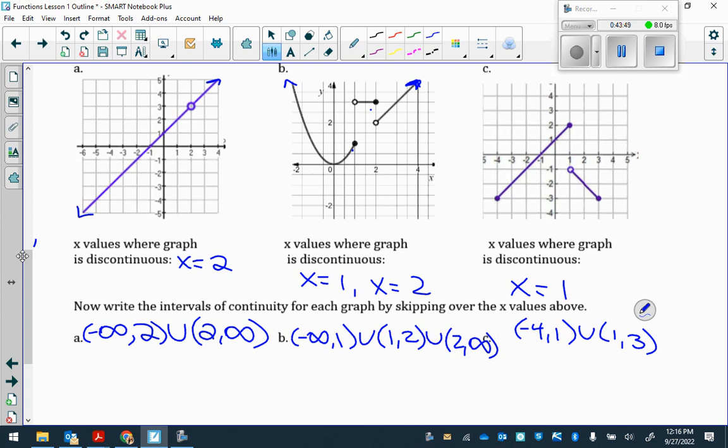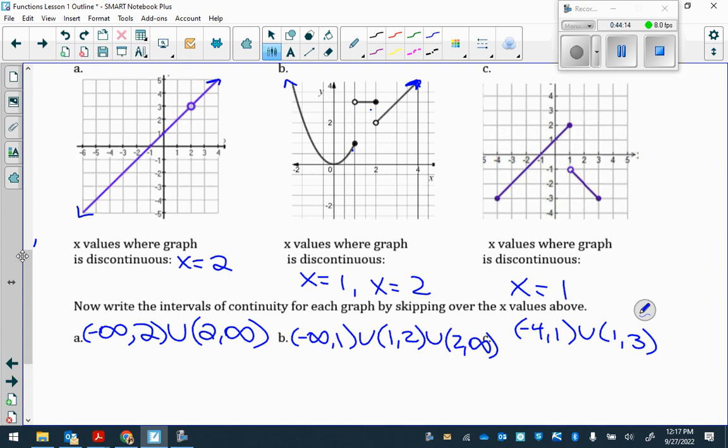That's intervals of continuity. Always parentheses. The U is when you continue it, if there's a separate interval, when there's a break or a hole. Never. Intervals of continuity is always parentheses. Always. Domain has the brackets.